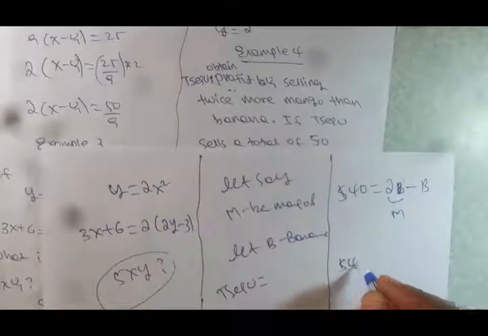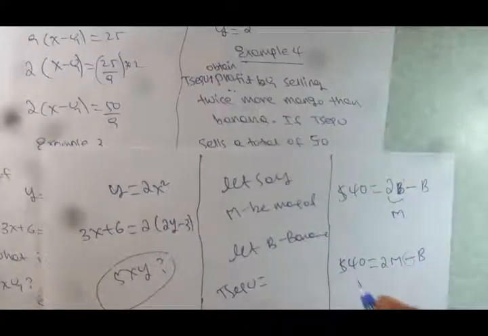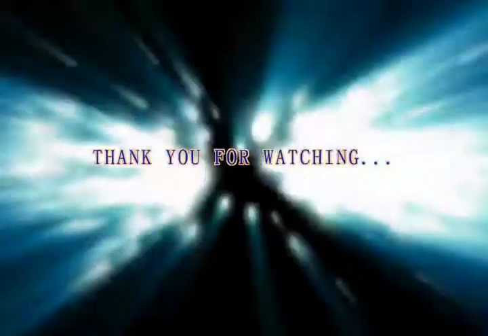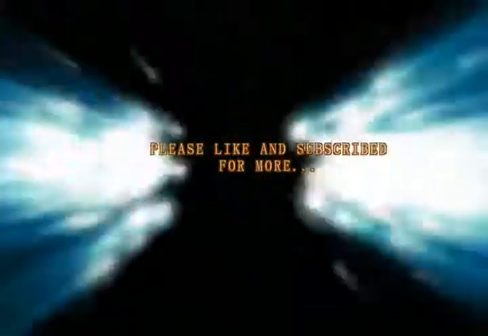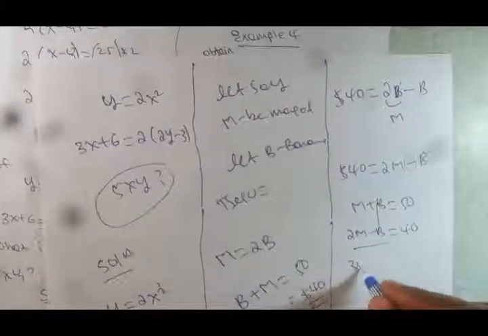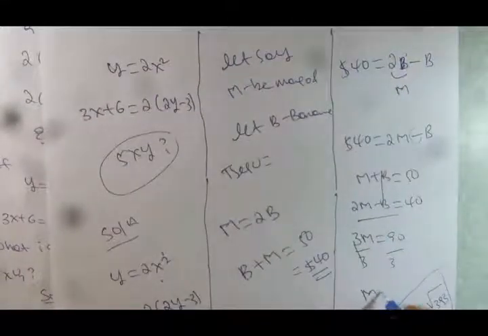So $40 was obtained by selling twice of mango than banana, and the second equation is mango plus banana is equal to 15, and 2 times mango minus banana is equal to 40. Therefore we will eliminate banana. 3 times mango is equal to 55, to find mango, over 3 over 3. So the value of mango is equal to 55 over 3.